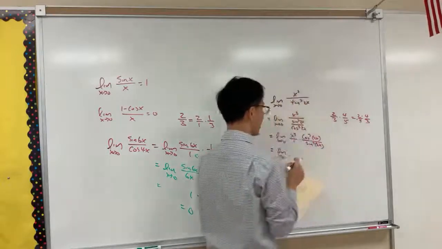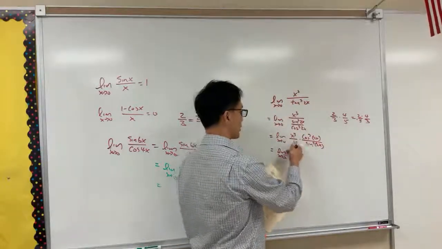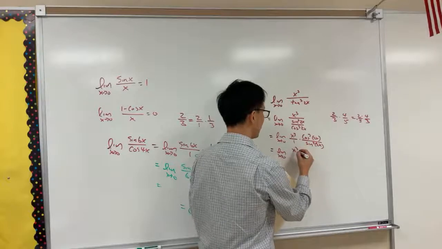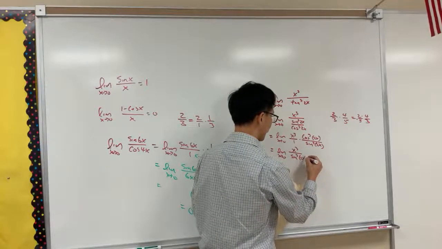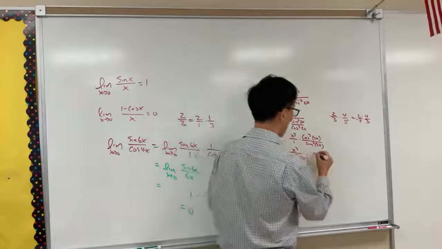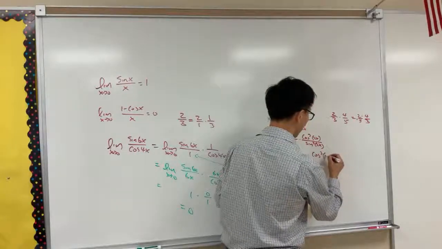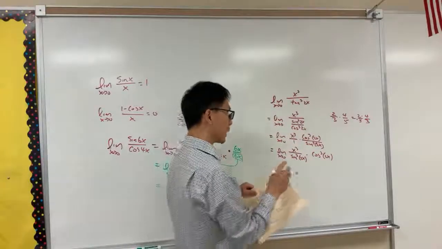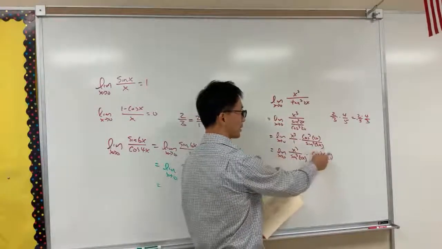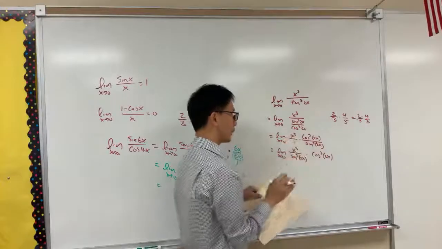They're still the same answer, right? So I can change these places. So it'll be x cubed over sine cubed of 2x times cosine cubed of 2x. Now the cosine part as x approaches 0 is automatically equal to 1.